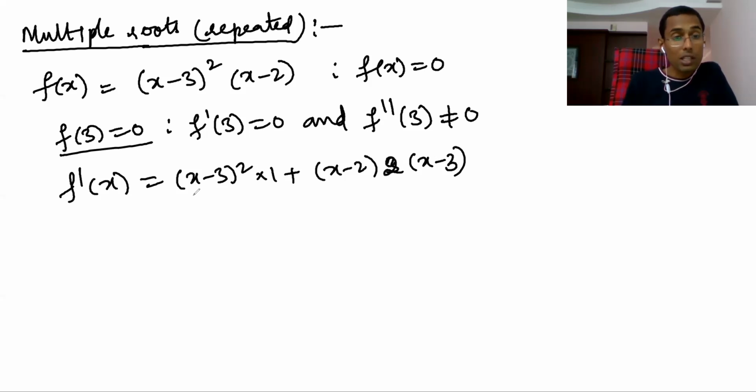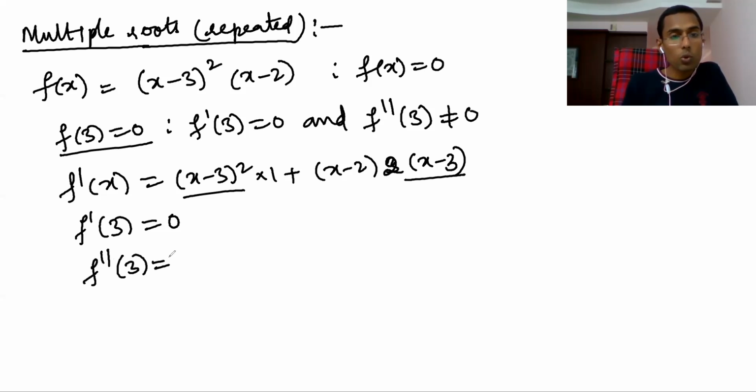That means x minus 3 you can take common, but in the next step you can't. So f dash of 3 is also 0, and the second derivative at 3 is definitely not equal to 0. Then we can say 3 is a twice repeated root.